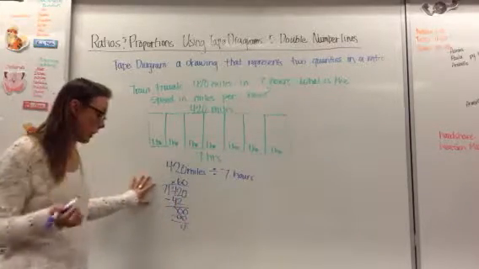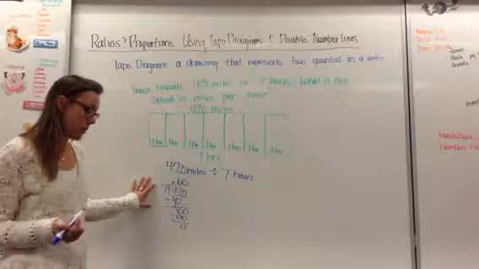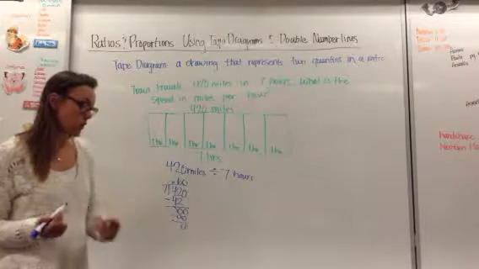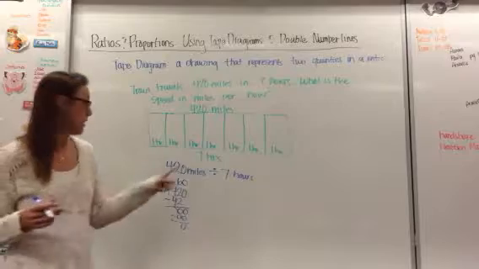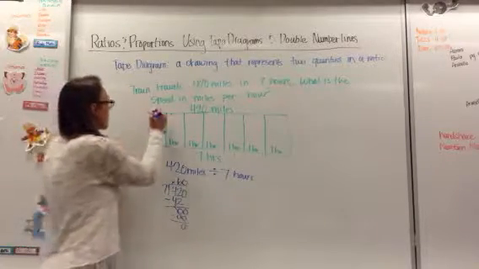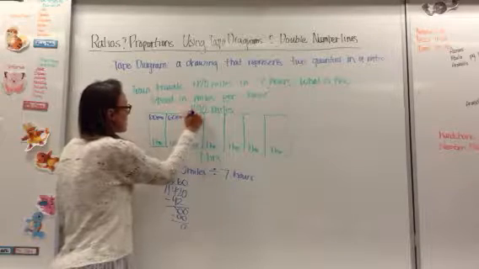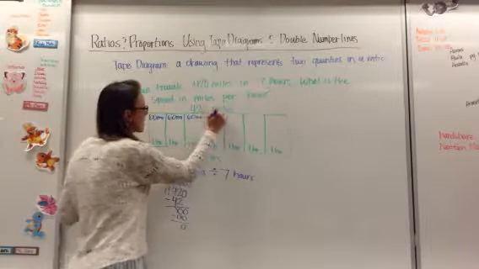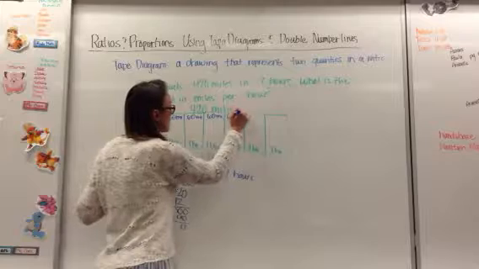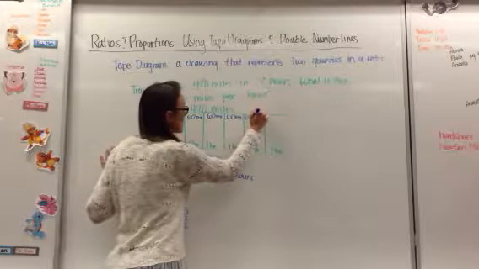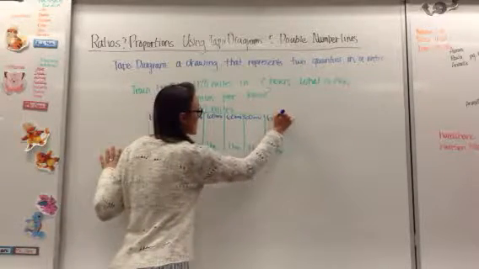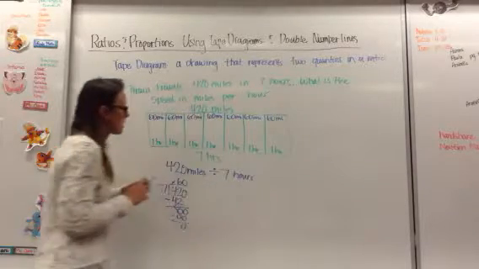So the train is traveling at a rate of 60 miles per hour. 60 miles, 60 miles, 60 miles, 60 miles, 60 miles, 60 miles, and 60 miles.